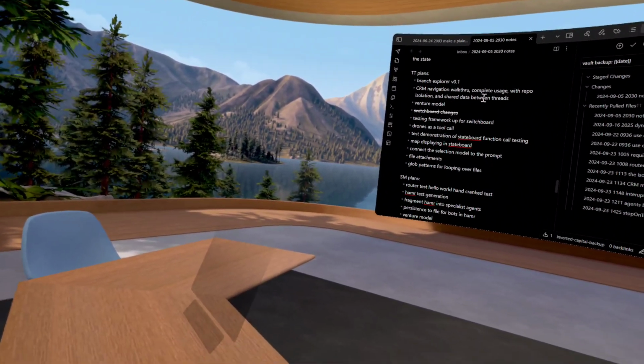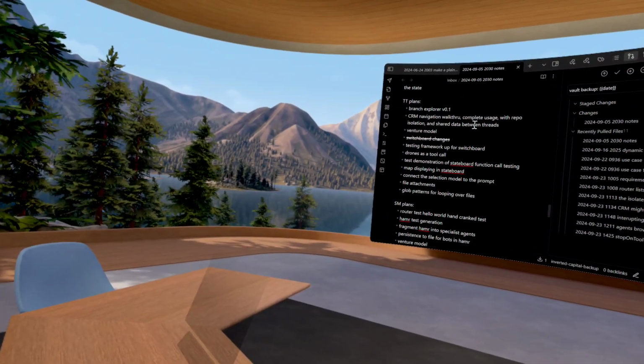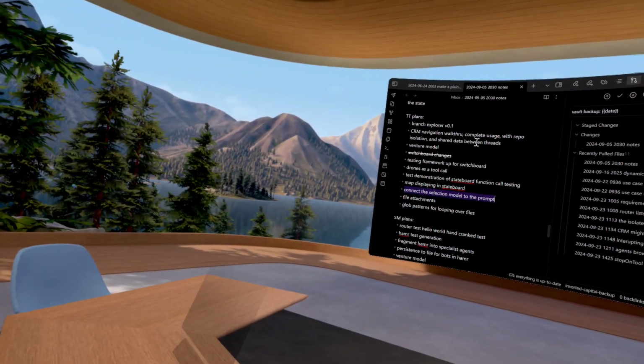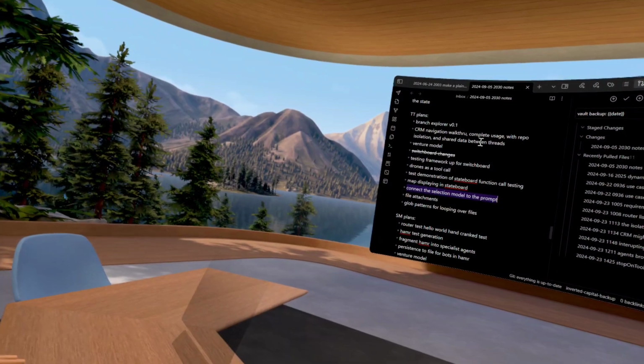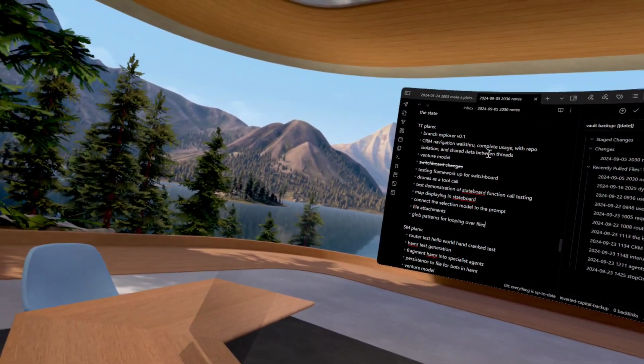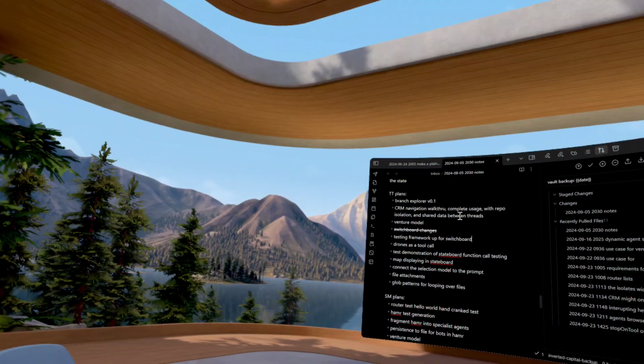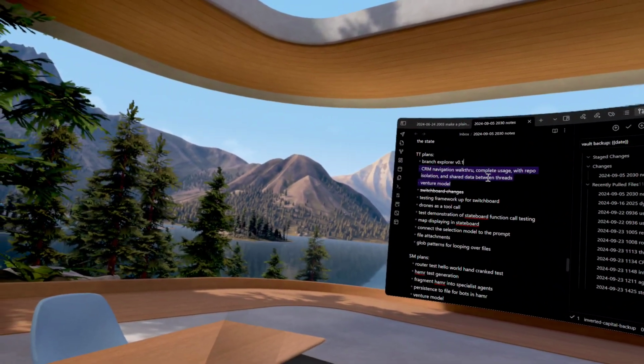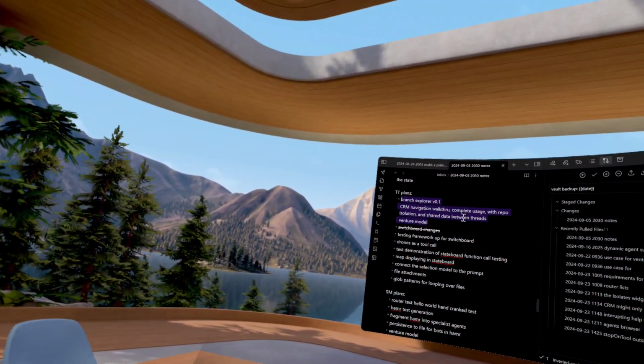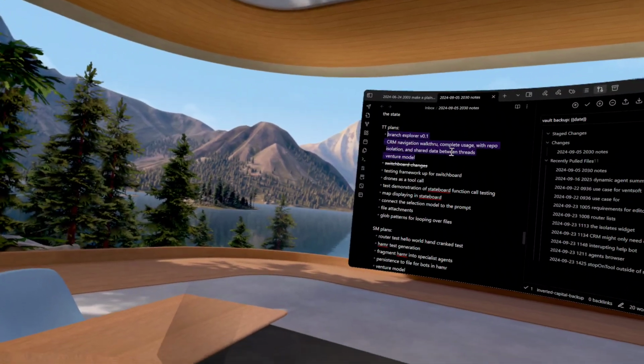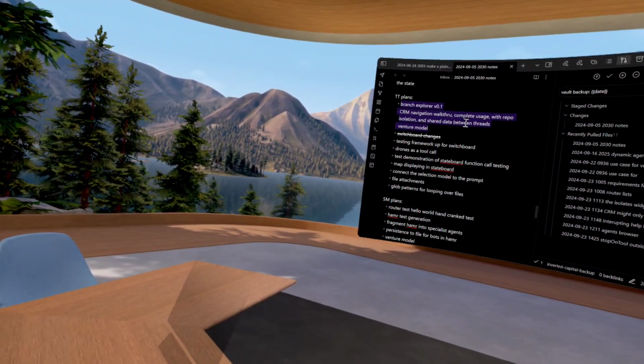Oh, this I did work on today. I got some of that done, connecting the selection model to the prompt. Okay. That will probably be the next day. That's a whole day. All right, so good, I'll go do that.